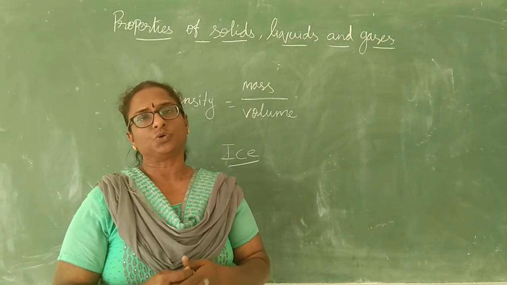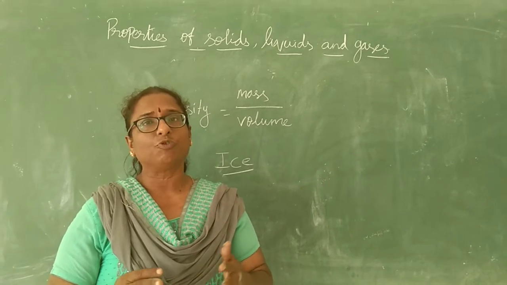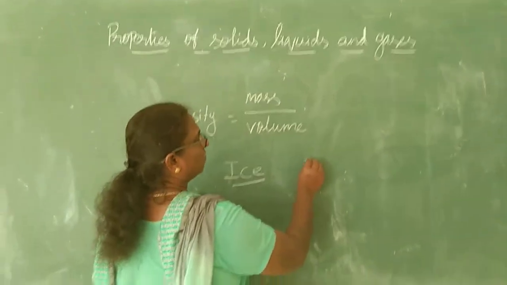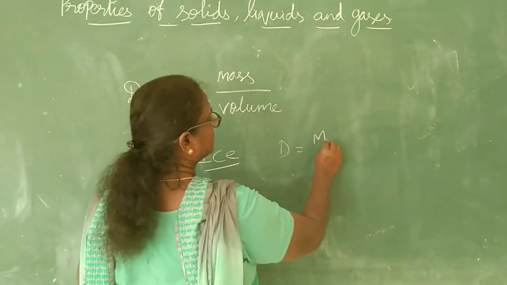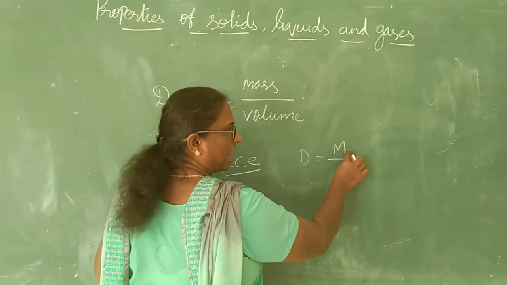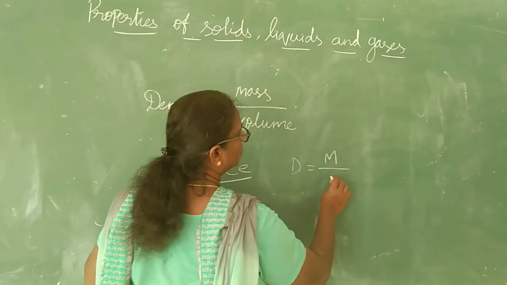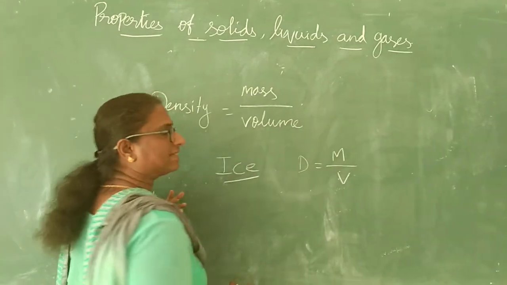This clearly shows that ice occupies more volume. The mass remains the same in the case of ice as well as water, but the volume increases in the case of ice.